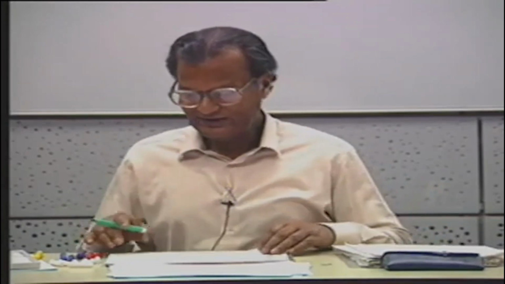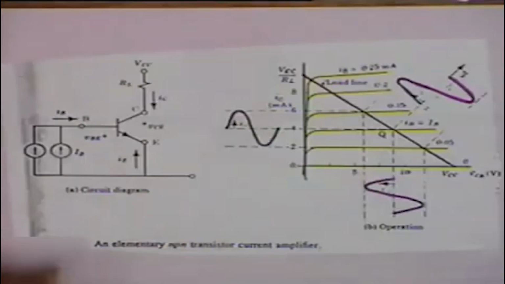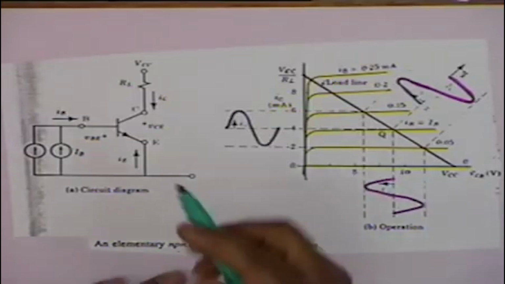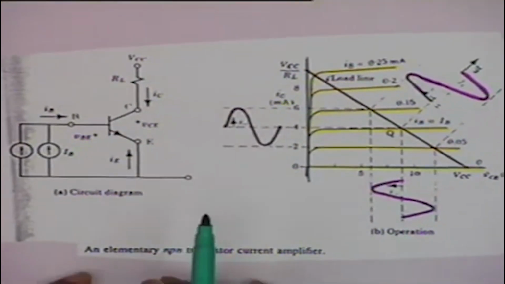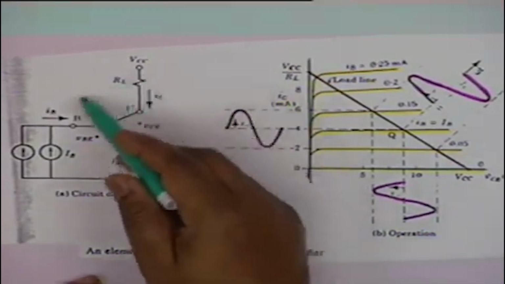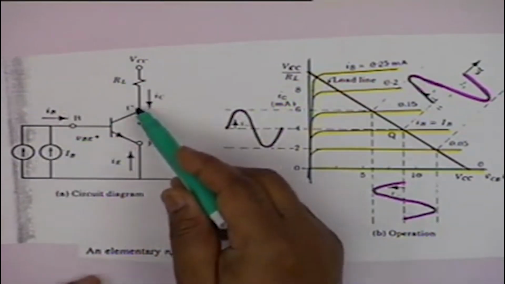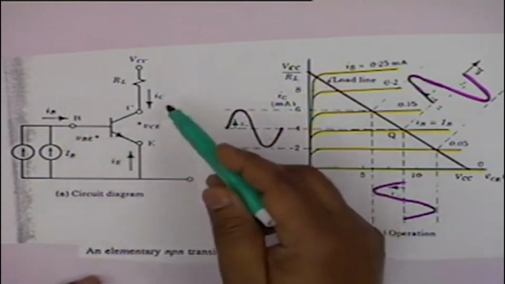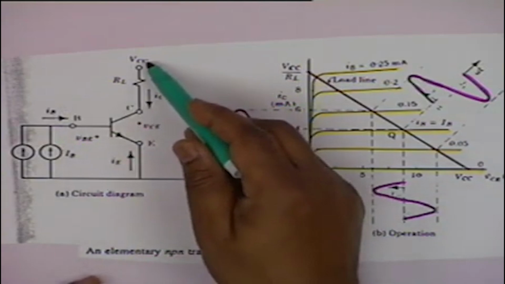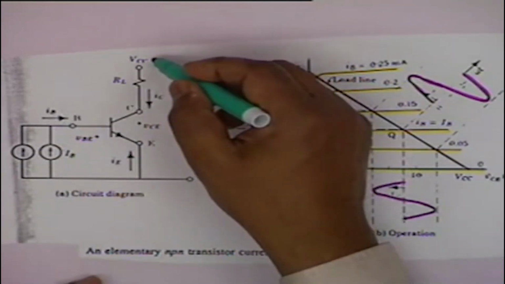I want you to look at this figure before we disperse. Is the figure all right? I have shown here a common emitter connection. Collector, emitter, base. And to the collector is connected a positive supply, VCC.